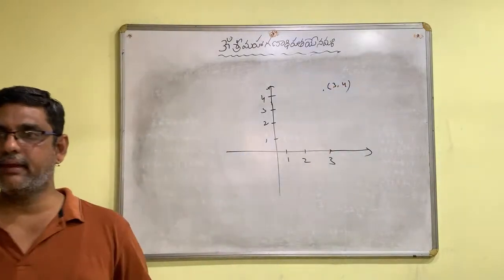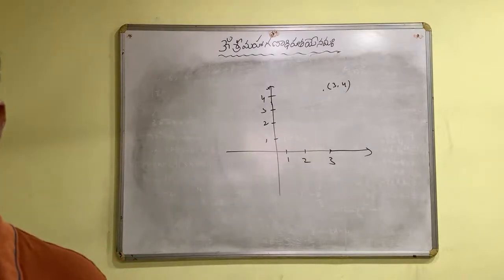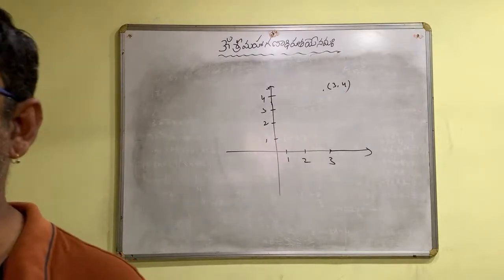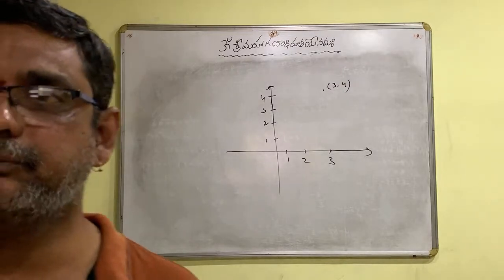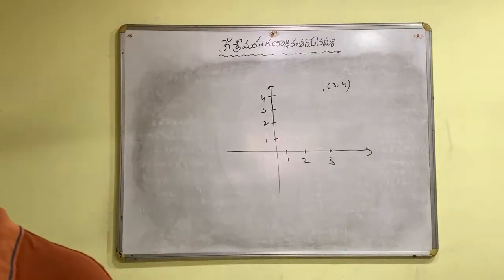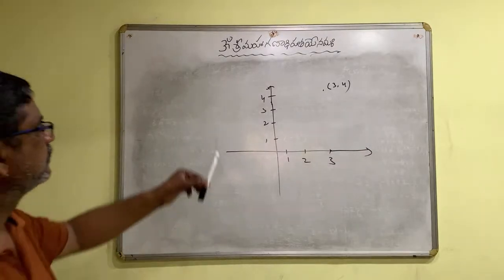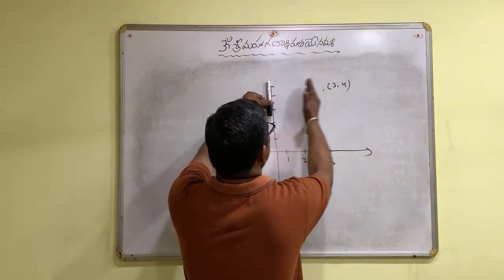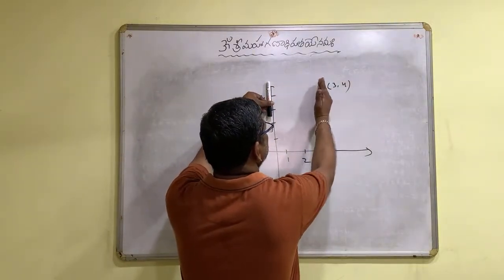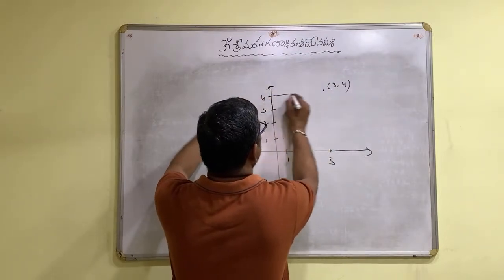What is the perpendicular distance of this point from y-axis? This is the y-axis, and this length we need to see.